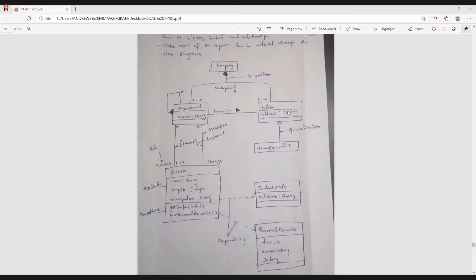For example, in one branch, any Kukatpally branch or KPHB branch or whatever it may be, in State Bank of India, 1 department will be there for accounts. For loans, one department will be there, and for maintaining the customer details, another department will be there. Like that, an office can contain many departments.